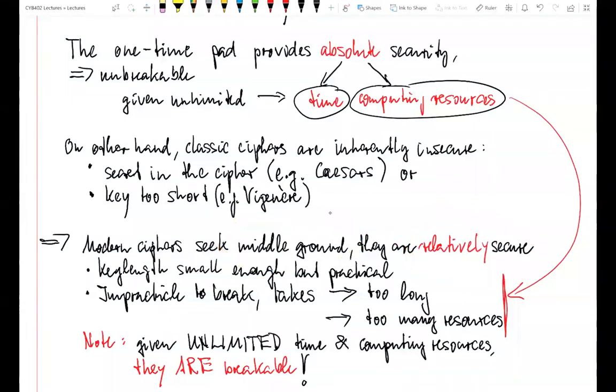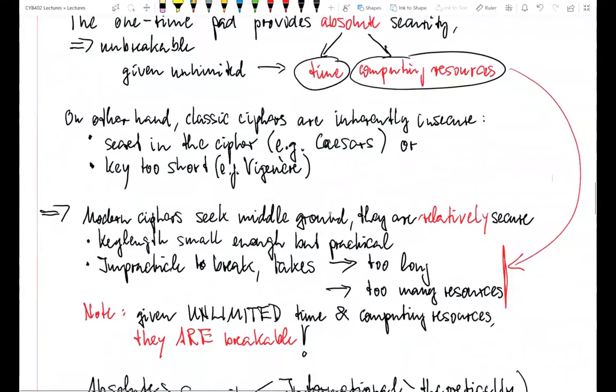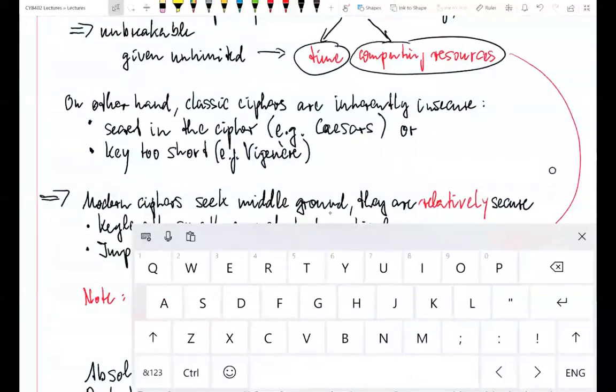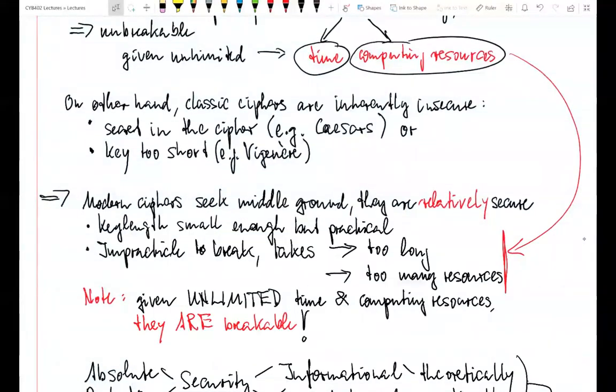So what does it mean? Relative security means that the key length is small enough that it's still practical to use, and it's still impractical to break because it takes too long and too many resources. And this is important.